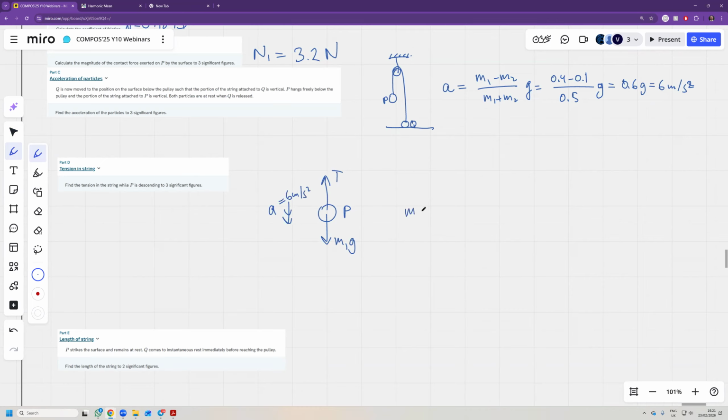That means mass times acceleration equals M1G minus T. So T is M1G minus M1A. So that is 0.4 multiplied by 10 minus 0.4 multiplied by 6. So that's 4 minus 2.4, which is 1.6 newtons. That's lovely.